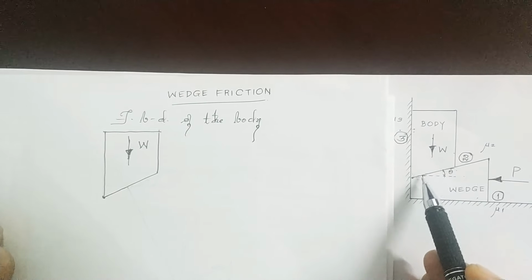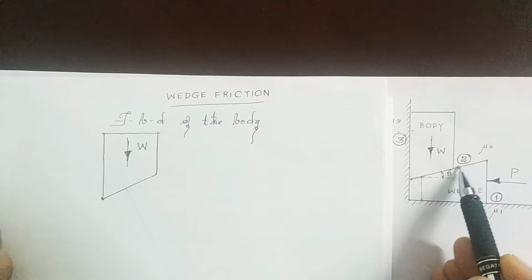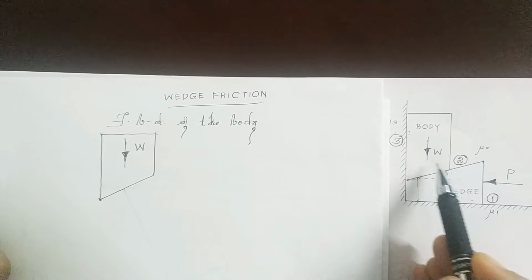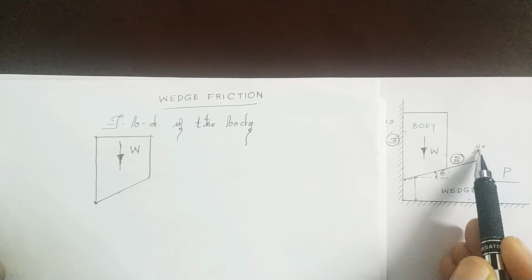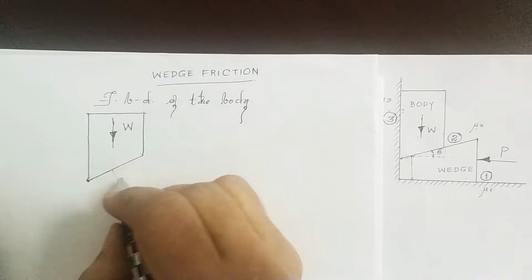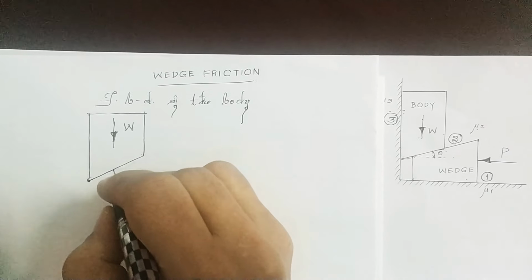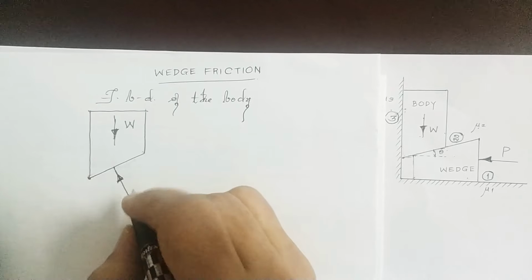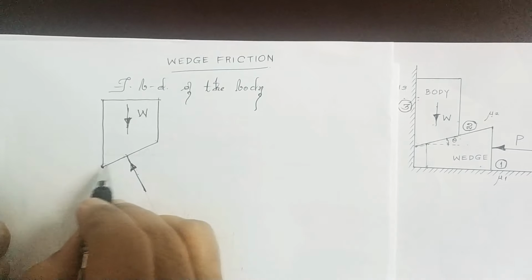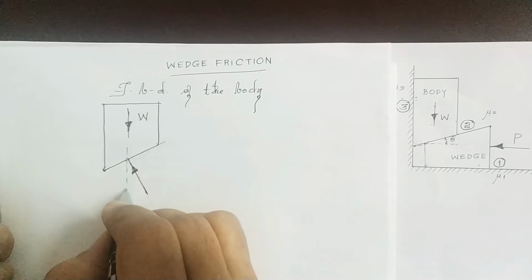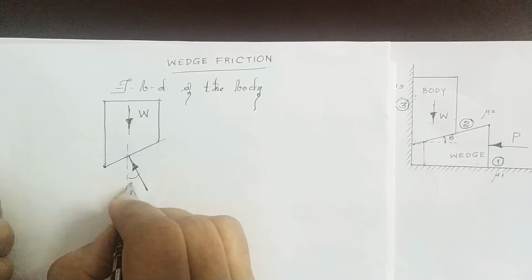Now, we have the surface of contact 2. We have named it as 2. The surface of contact 2 between the body and the wedge where the friction is mu2. So along the surface, we have the normal reaction. Normal reaction means acting normal to the plane, perpendicular to the plane, the plane being inclined at an angle of theta.